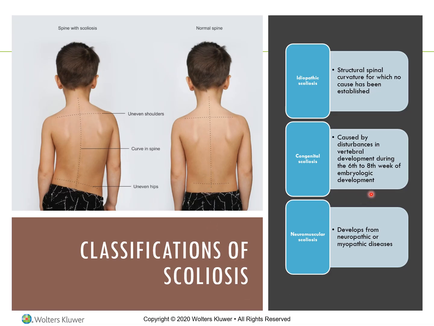We also have congenital scoliosis that can be caused by disturbance in vertebral development, usually during that 6th to 8th week of embryologic development, that early stage of development of the embryo. And there's also neuromuscular scoliosis that develops from neuropathic or myopathic diseases. So later neurological diseases or muscular diseases can cause later development of neuromuscular scoliosis.